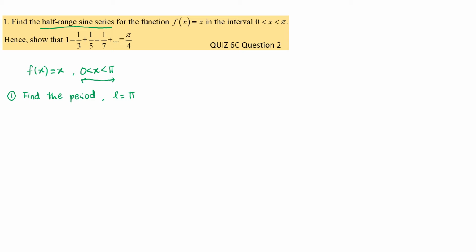Okay, the next step is you need to find the Fourier coefficient to get the Fourier series.